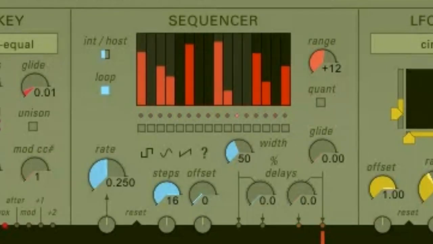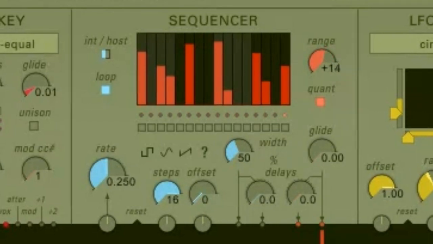The range knob will affect the severity of maximum modulation. The rate knob affects how fast you move through the steps.